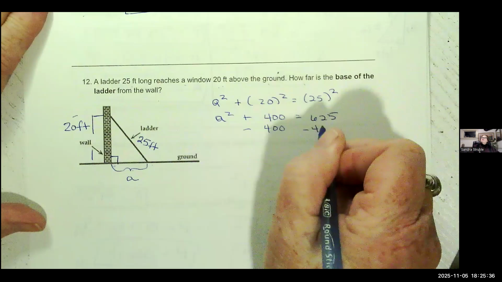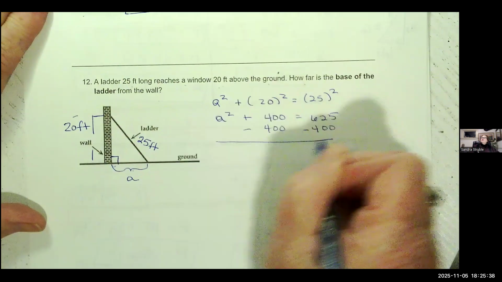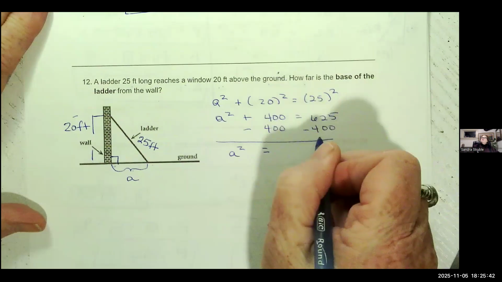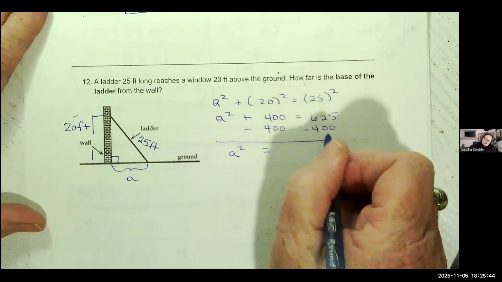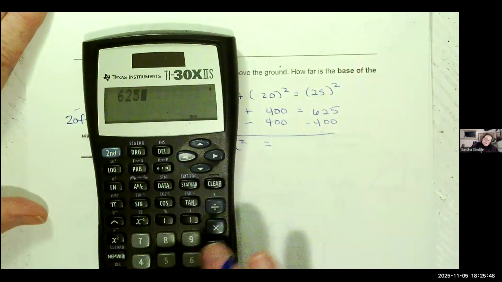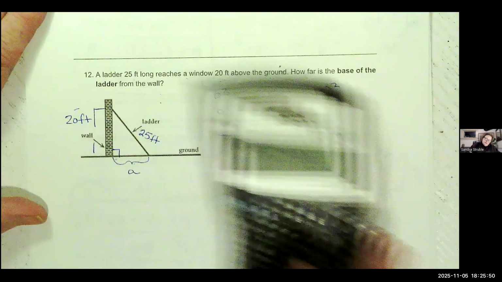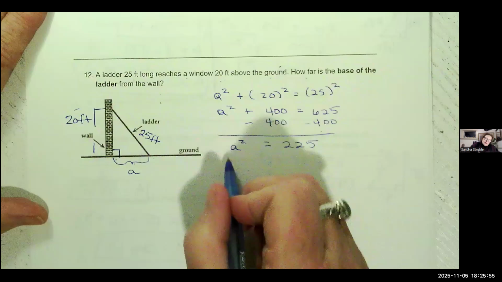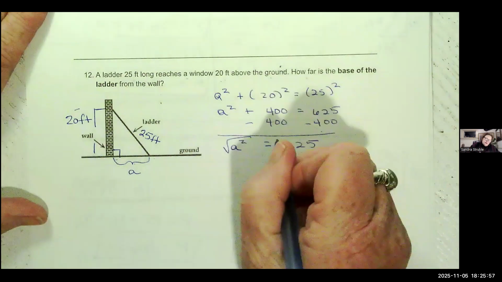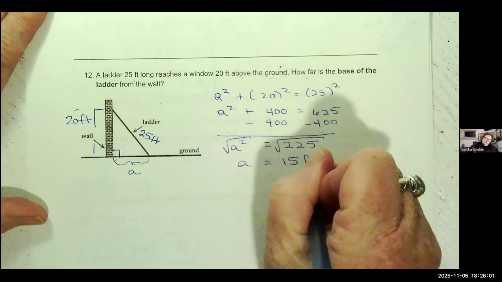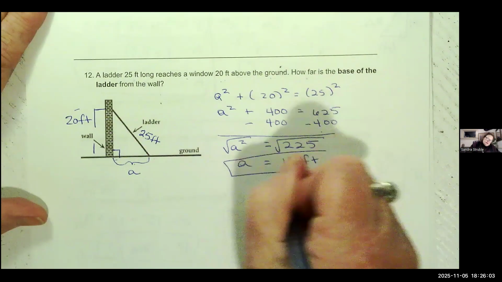We get A squared is equal to 625 minus 400, that's going to be 225. I just don't want to mess up here for you. All right, we have to take the square root of both sides. So A is equal to 15. Don't forget your unit, and this is feet. All right, so A is 15 feet.